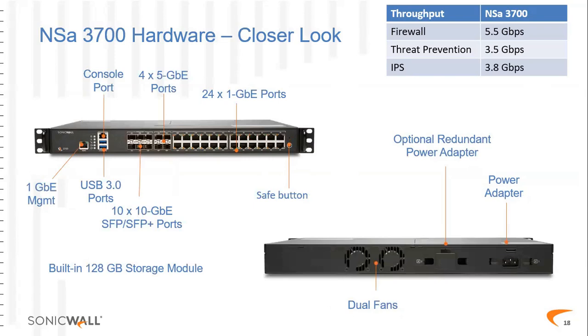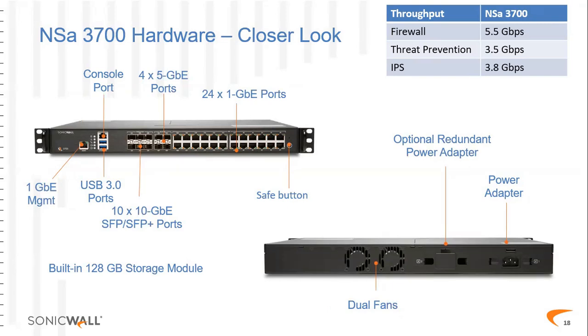So this is the NSA 3700. It provides 24 ports for 1 gig, and then 4 ports for 5 gig. They also have the console port, the USB, the management port, and then 10 ports for 10 gigabit SFP and SFP+.